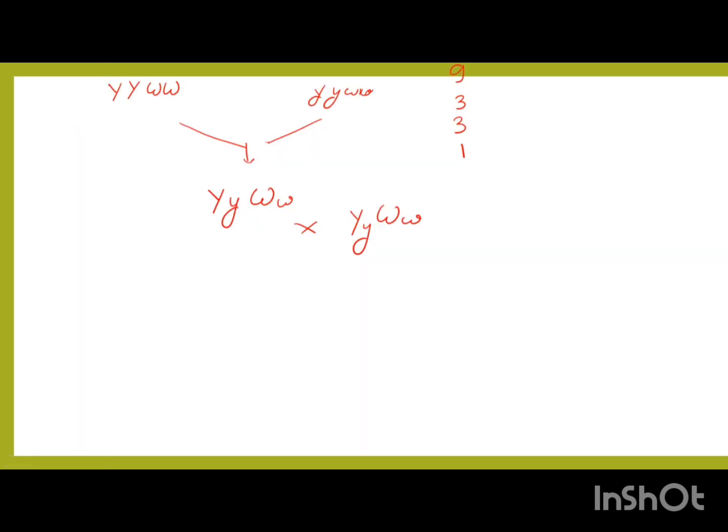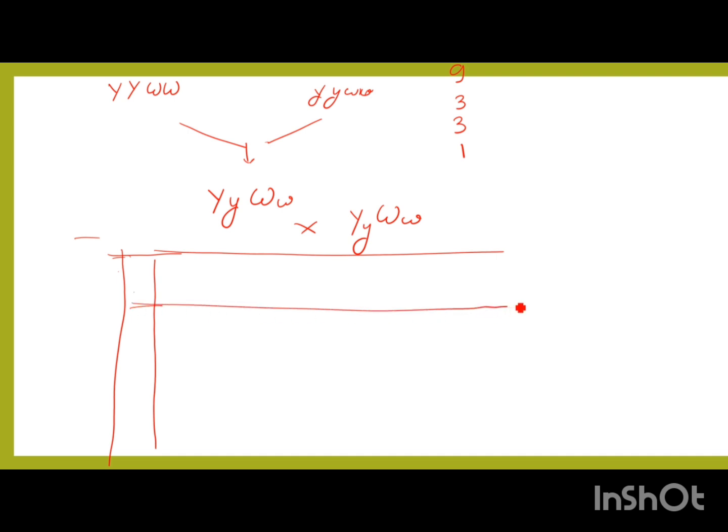Let's try to draw this. Just a second. If we draw this Punnett square, then what we get is, first the genes will segregate, or the gametes will segregate.